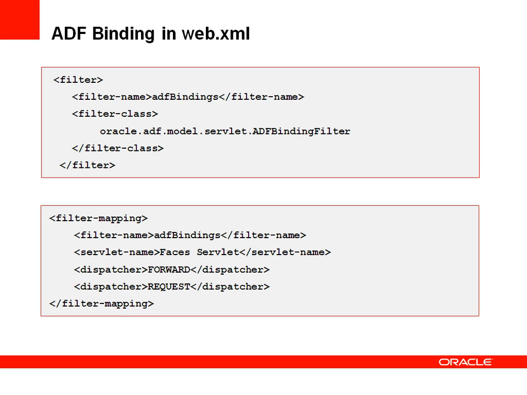As you see, the filter is mapped to the Java Server Faces servlet, so whenever there's a request for the Java Server Faces page identified by default with a /faces in the request path, then the ADF Faces lifecycle and the ADF binding lifecycle will also start.